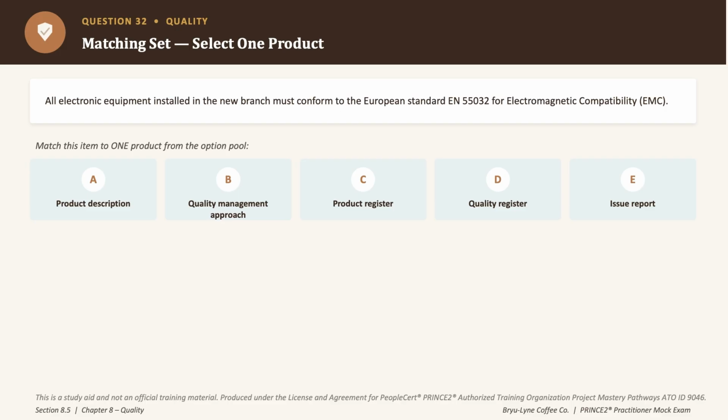And it's not the product register, the quality register, or the issue report either, because if you think about it, none of those record applicable standards in this way, okay? They track statuses, results, and problems respectively, and not overarching compliance requirements that apply project wide across every piece of equipment, okay? So the correct answer to this question is option B, quality management approach.